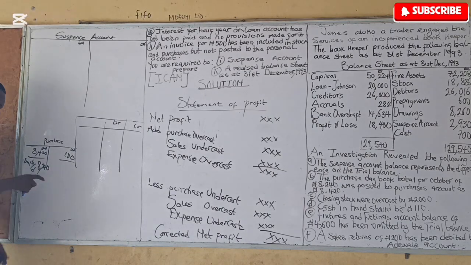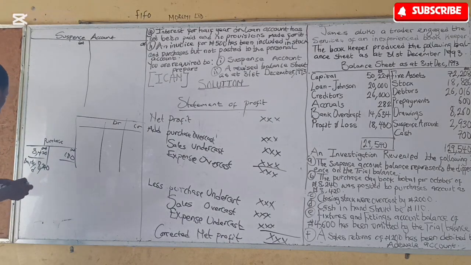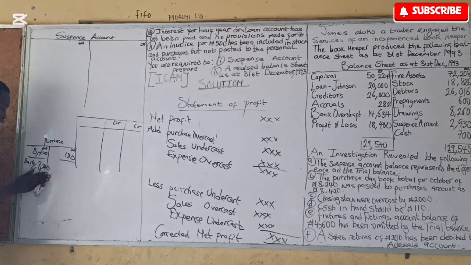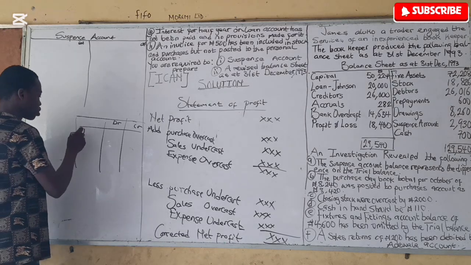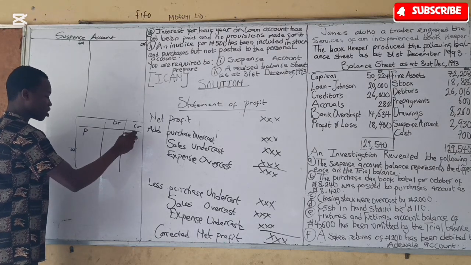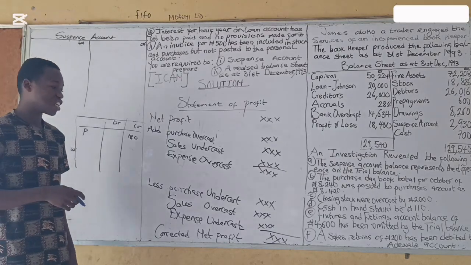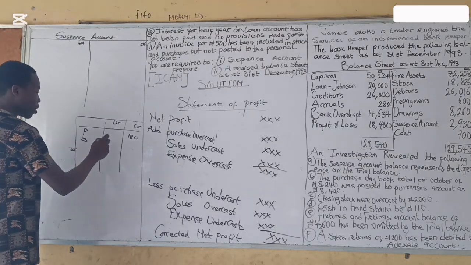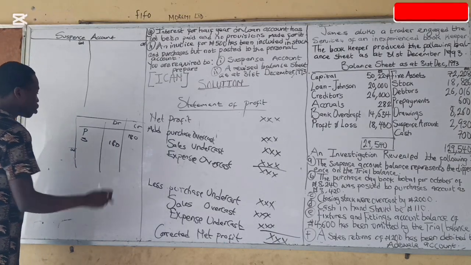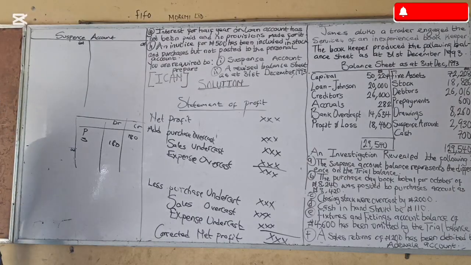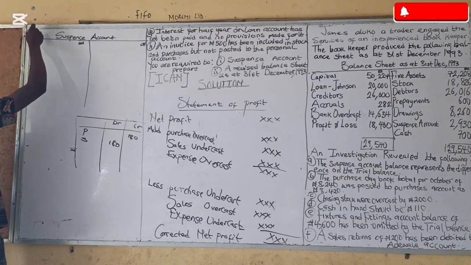So it means that the purchase will be credited. You are going to credit your purchase, and the other account there is going to be the suspense account, which is debited 180.